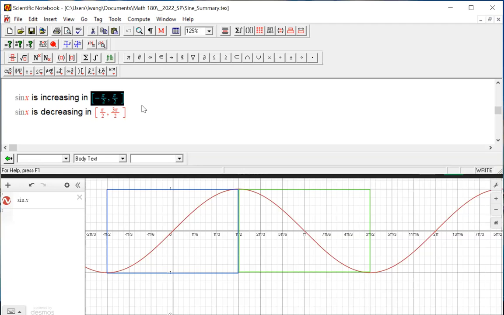If it is the whole domain, such as the exponential function e to the power x is increasing, you can just say, hey, e to the power x is increasing. You actually don't need to say much more. Okay, so for example, e to the power x is an increasing function.